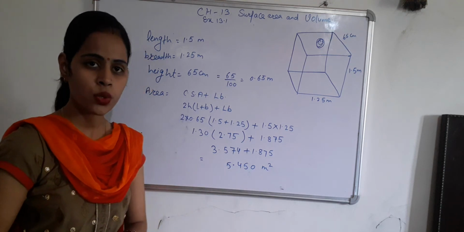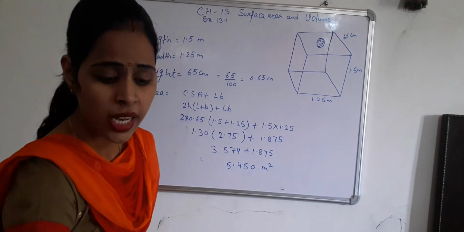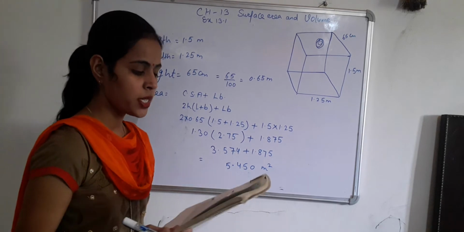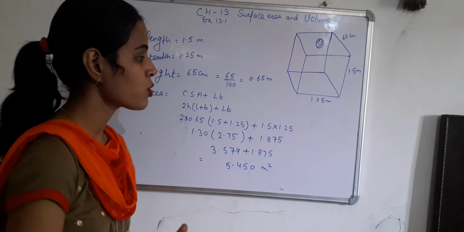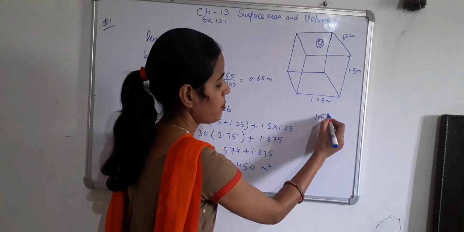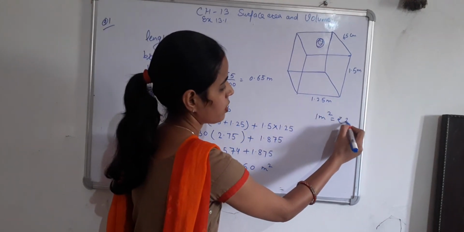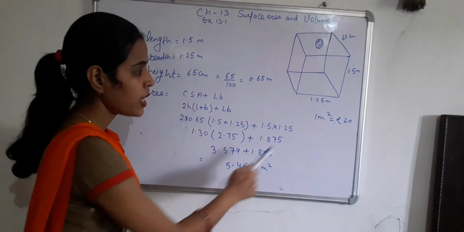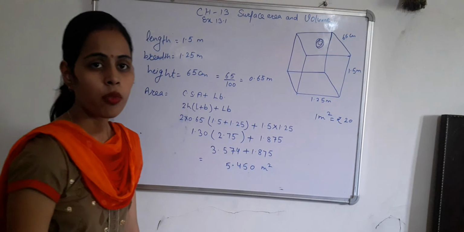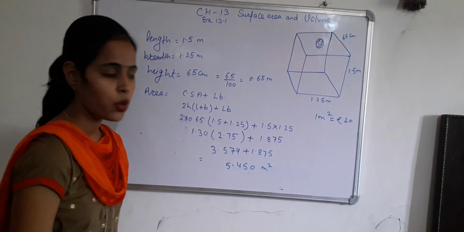So area of this plastic box if it is open from the top will be 5.450 meter square. Second part says that find the cost of sheet for it if measuring 1 meter square equals to rupees 20. Then total cost will be area multiplied by rate. Rate 1 meter square equals to rupees 20.